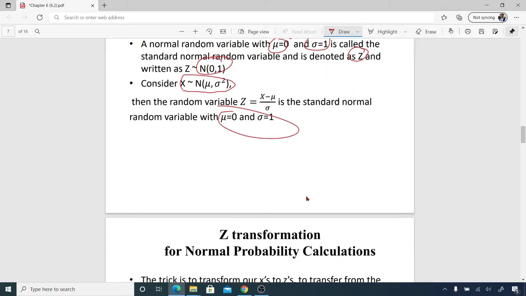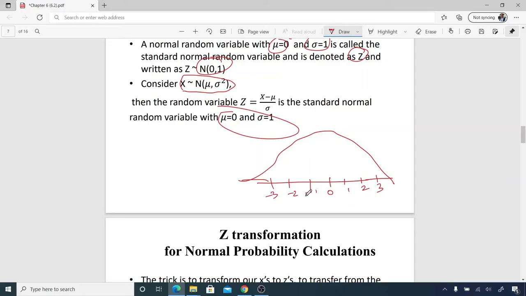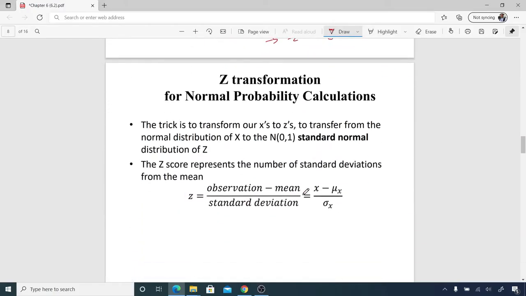So in this case, the mean would be 0, and you are talking about 1 standard deviation, 2 standard deviations, and 3 standard deviations. This is what we are talking about here. All right. Now, the transformation.